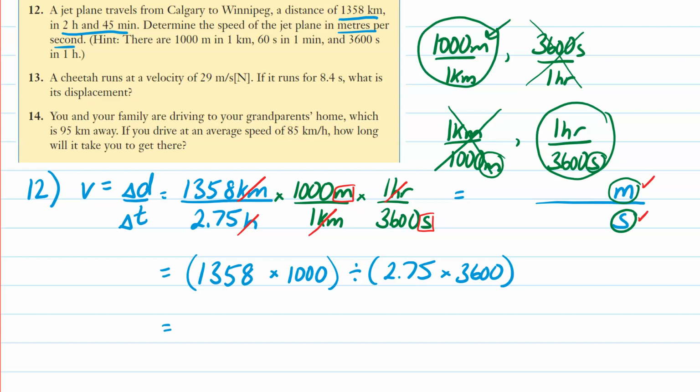So in your calculator, you should be getting 137.17, and that would be in meters per second. Don't forget significant digits for your final answer. 1, 2, 3, 4 sig digs there. 1, 2, 3 sig digs there. So our final answer should have 1, 2, 3 significant digits. Our final answer should be 137 meters per second.